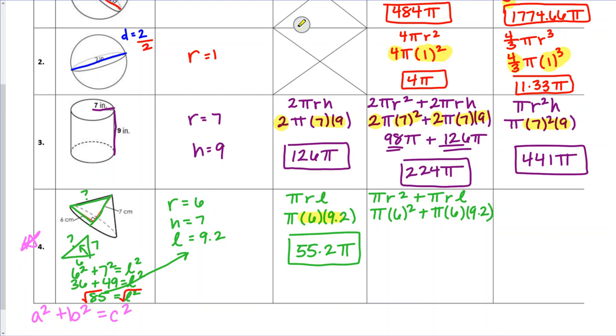Skip the pi, so 6 squared is 36 pi plus 6 times 9.2 is 55.2 pi. Combine your like terms, 36 plus 55.2, 91.2 pi.